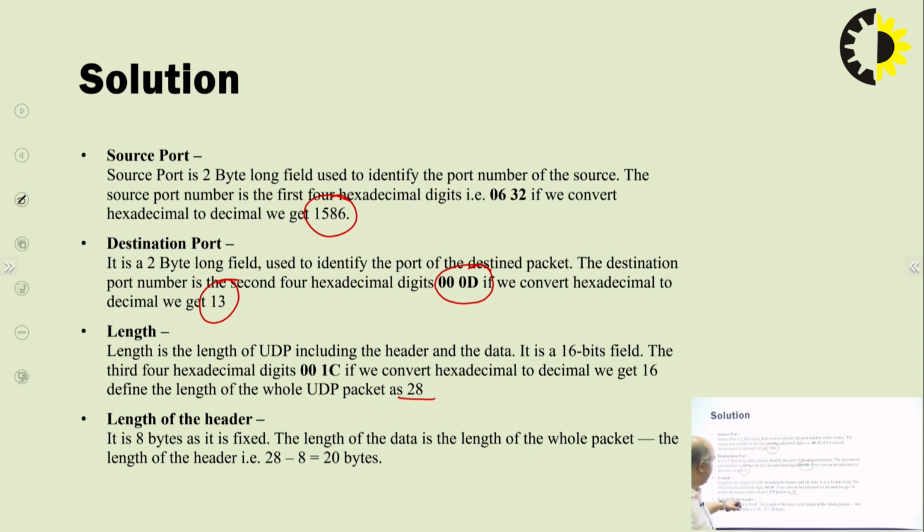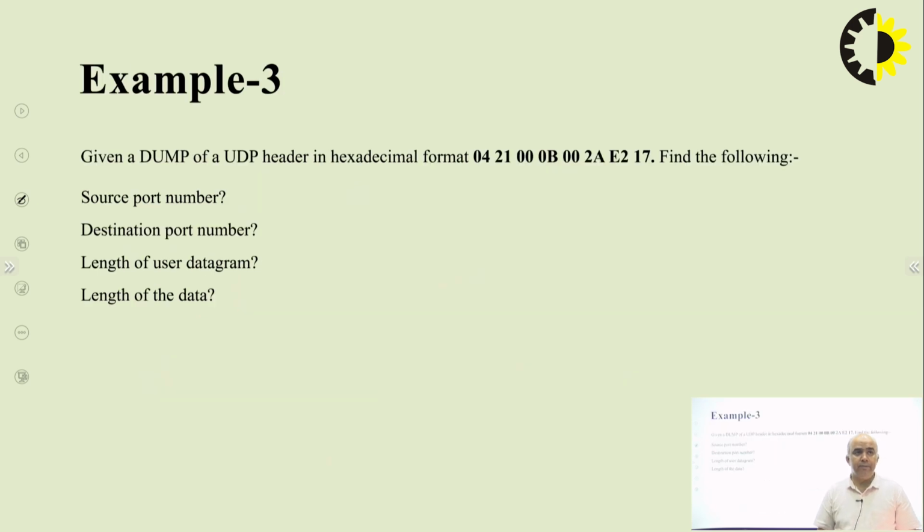So the length of the data will be 28 minus 8, that is 20 bytes, as the 8-byte header is fixed. So the length of the data in the whole packet will be 20 bytes. Okay.